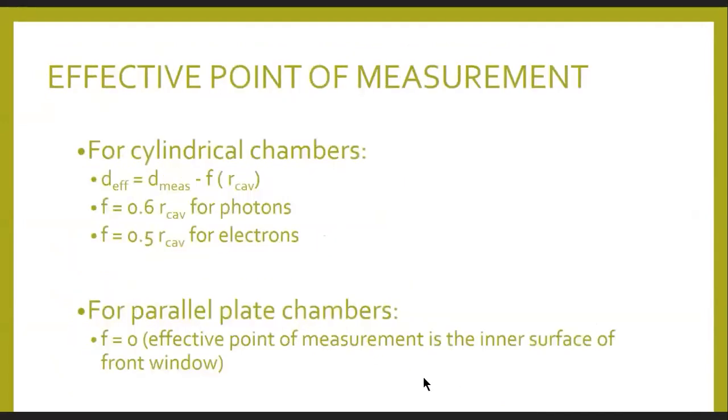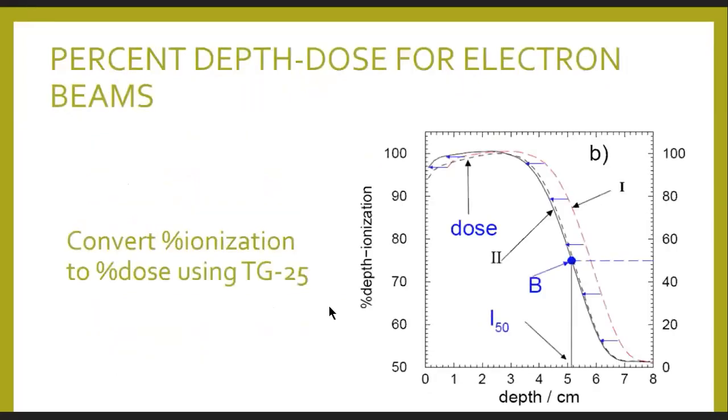Then for a parallel plate chamber, there is no need to shift the curve. And after shifting the curve, we need to convert the depth ionization curve to a depth dose curve by applying the stopping power ratios for electrons at different depths, which is provided by TG25.